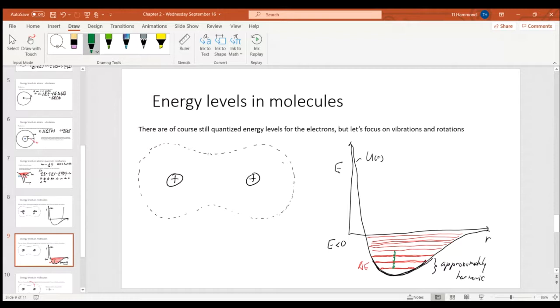But then as this potential diverges from being parabolic, these states become increasingly close together. But they're still quantized until it's a free particle. So what this is saying is that we have discrete vibration modes of this object that's oscillating back and forth, and these vibration modes are quantized. So the energy from going from one vibration mode to the next one is going to be quantized.